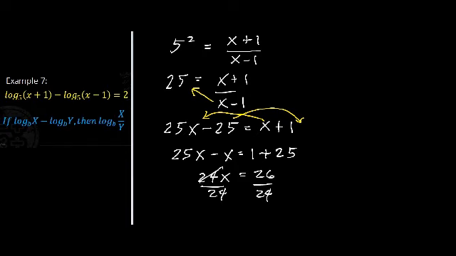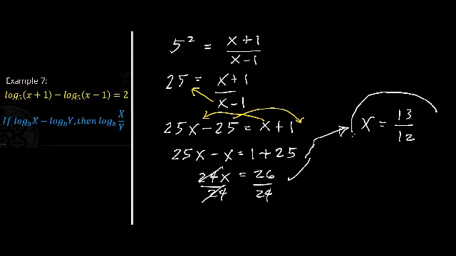So cancel 24, matitira is letter x, which is equal to 26 over 24, just reduce to lowest term, so that is 13 over 12. So our answer is 13 over 12.